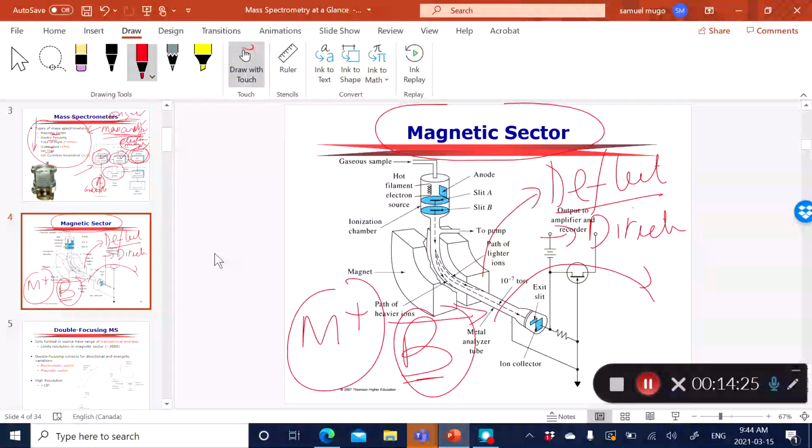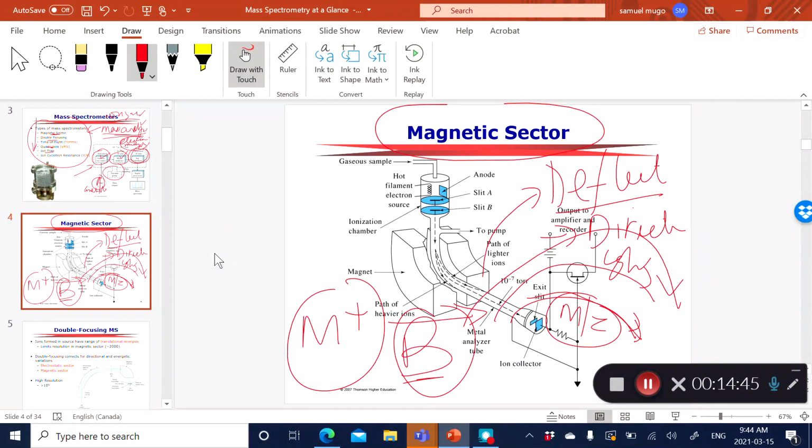And so based on that, you can apply a magnetic field. If the mass to charge of that particular ion is quite large, it won't be deflected as much. But if it's lighter, then it's going to be deflected more.